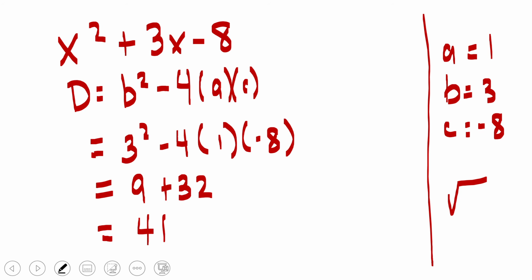Thinking it through in the margin, is 41 a perfect square? It is not a perfect square. So we have 2 irrational solutions from our chart. We go back to the chart to check.